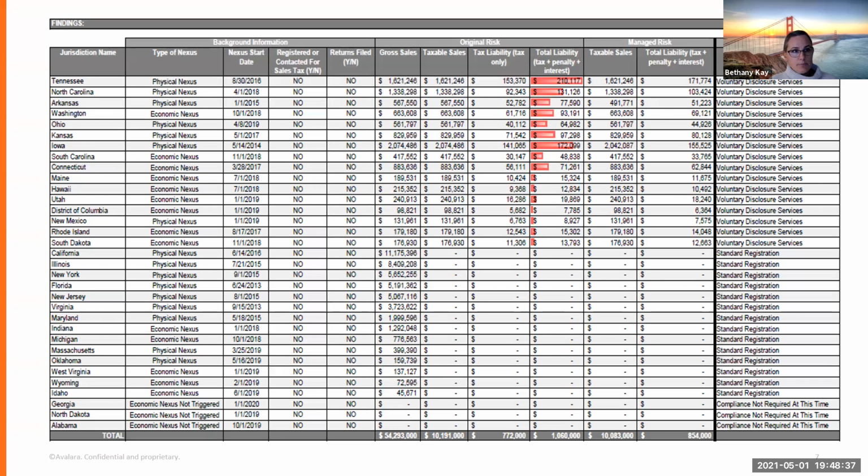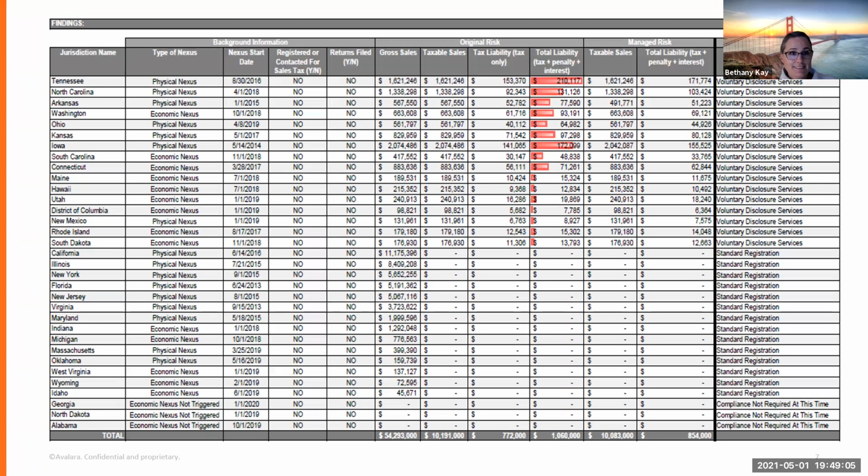So this is a simple chart, what you'd maybe see in the exposure analysis. You'll see all the jurisdictions on the left-hand side, and the type of nexus, whether it's physical or economic nexus. There are other types of nexus that may have triggered your requirement to collect in that state. When did nexus start? Are you already registered there? Are you already collecting there? What are the gross sales, and what are the taxable sales?